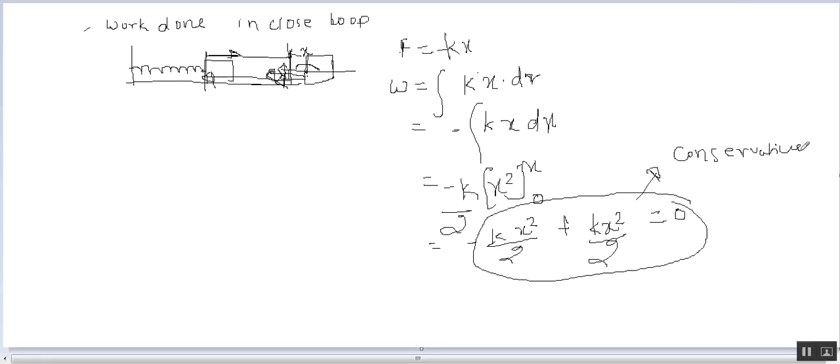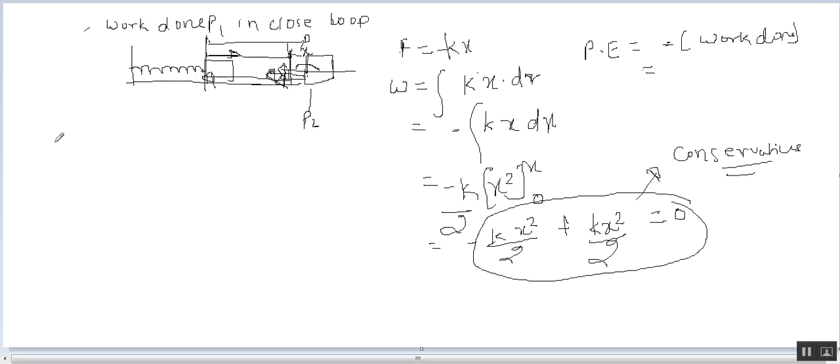If spring force is conservative, what is the potential energy? Potential energy due to spring is minus of the work done by the spring. The work done by the spring is the change in potential energy. Let's suppose initially at this point the potential energy of the spring is P1, and at position x it is P2.